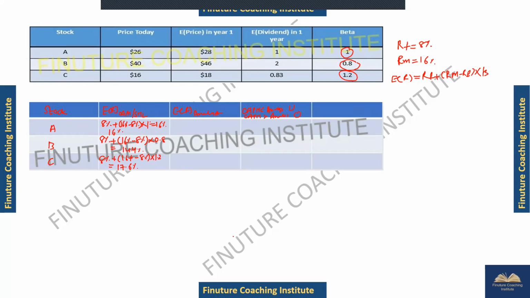Let me try a different color to make it observable, so that when we compare, we have straightforward numbers available.